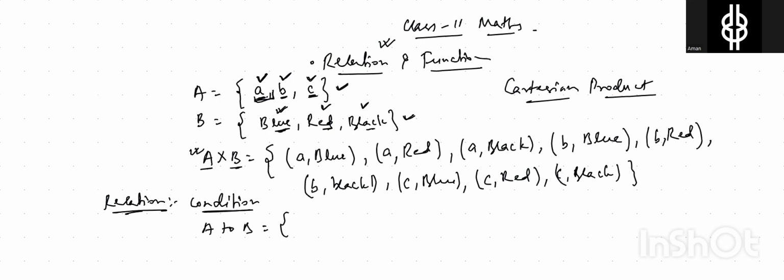But if you see the letter B and the color blue, B is the initial for blue, so B and blue are related. Likewise, B and black are also related. Same way, for C, no color starts with the letter C, so C is also not related to any of them.